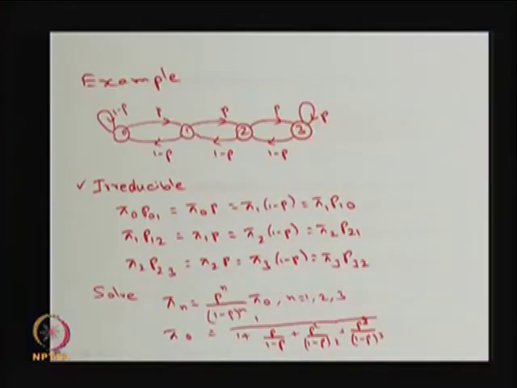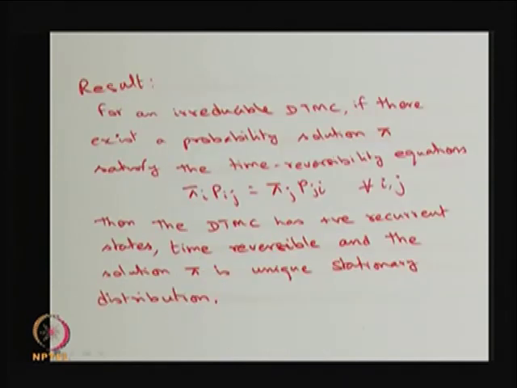So, in this example, we have used the time reversibility property to get the unique stationary distribution. In the result, we said the solution pi is a unique stationary distribution. So, the result needs only the proof whether the pi is going to satisfy the equation pi P is equal to pi.